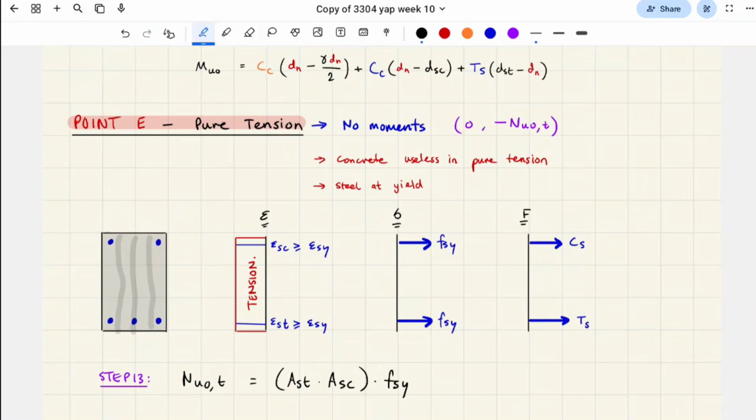Because even though it's pretty bad, I feel like concrete still has some potential. Based on the strain diagram, it does have at least a little bit of component that is affected by tension.